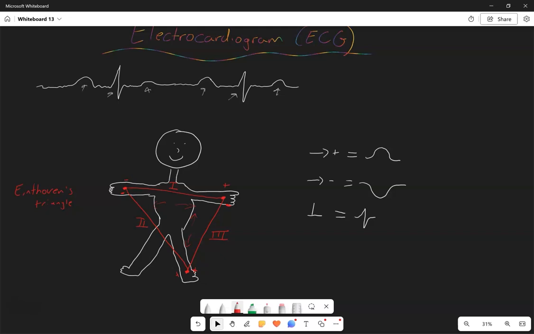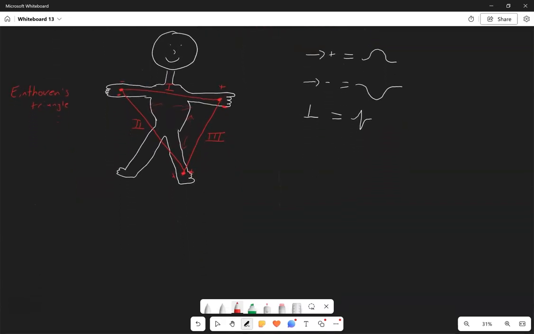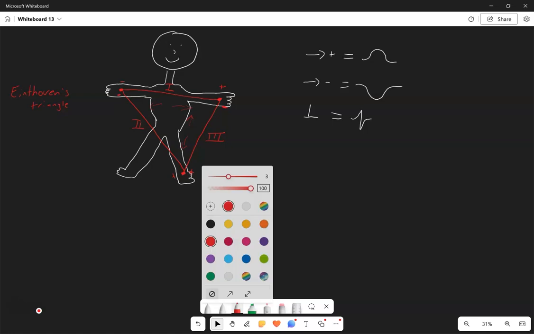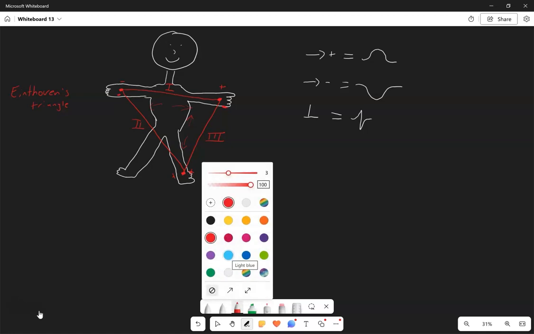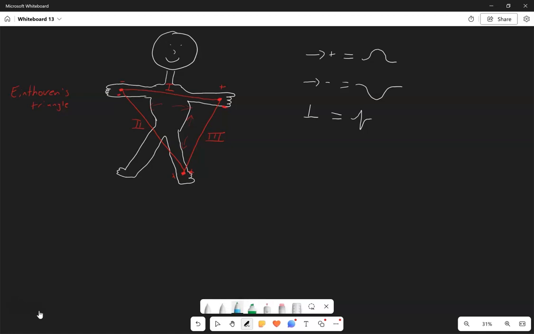Okay, now what we can do is we can take a little bit of physics and we can say, okay, we can make leads that are also perpendicular to our current leads that we have. So what we can do is we can take and we can make one in this direction here, like so, make this positive, make this negative, okay, and this is what we're going to call AVF.